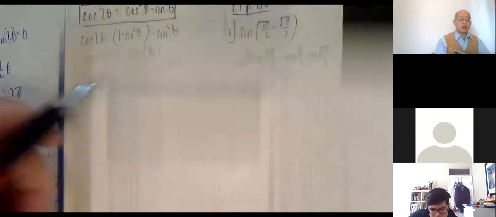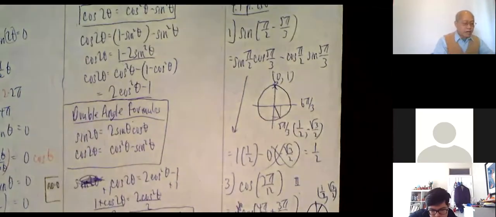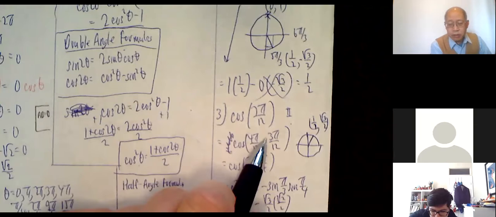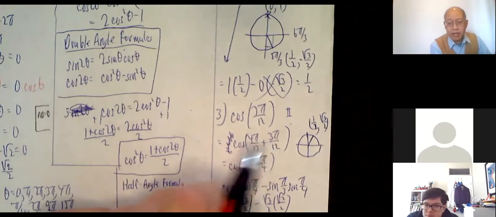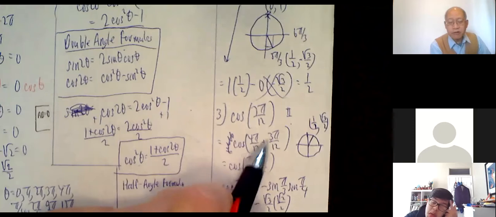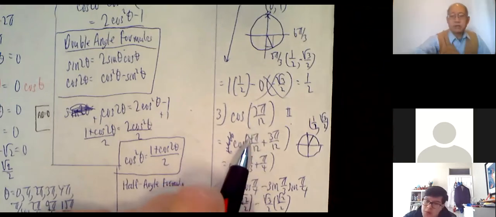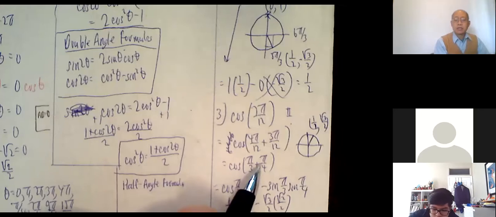Okay, what is 7 pi over 12? Well, I can write it as 4 pi over 12 plus 3 pi over 12. And the reason why you want to do that is because those are both angles that I recognize. Right? 4 pi over 12 plus 3 pi over 12 is 7 pi over 12. But that reduces to pi over 3. That reduces to pi over 4.